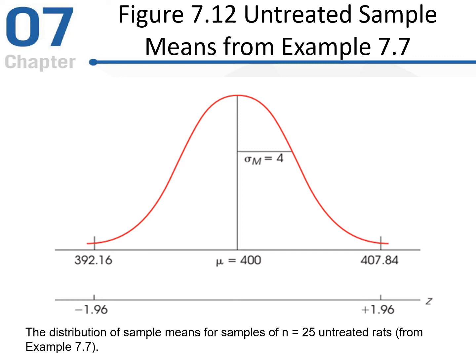So 8 grams in a rat is pretty good, is pretty big, right? I mean, 8 grams, that's 1/50th of their total body weight. If an individual lost 1/50th of their total body weight, that could be a few pounds. You're not going to get a treatment that's going to make someone lose like 10% of their body weight.